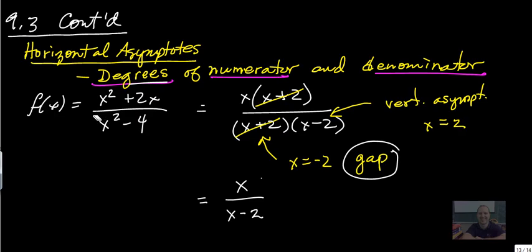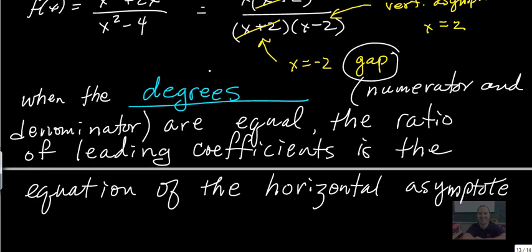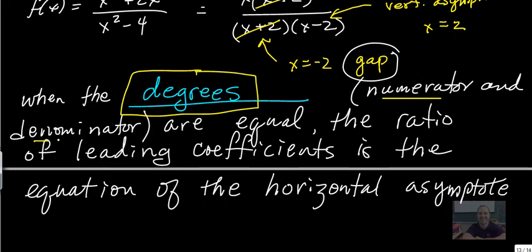So I'll say that one more time. You look at the ratio of the leading coefficients from the numerator to the denominator, and that is your horizontal asymptote equation. Okay, so what we're looking at is the degrees of the numerator and denominator when they are equal.